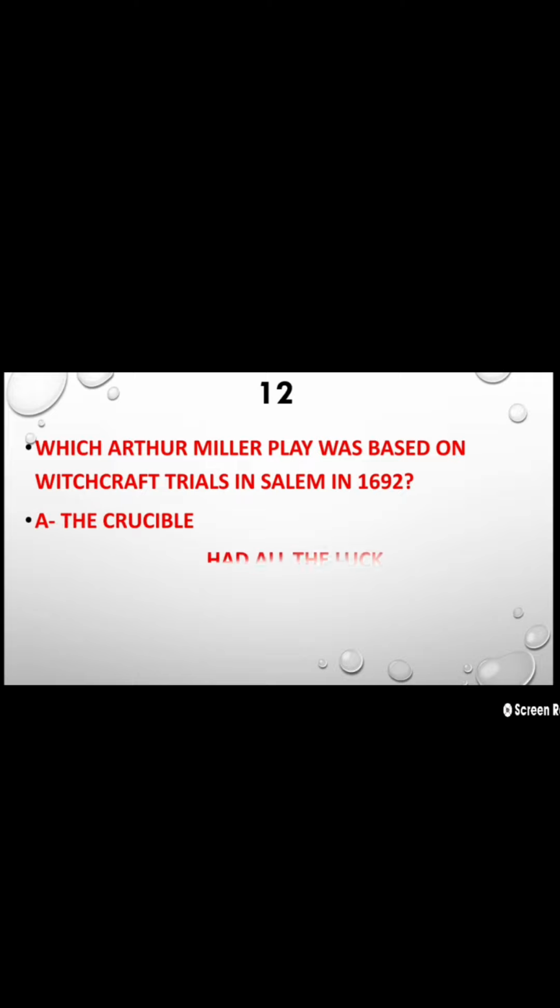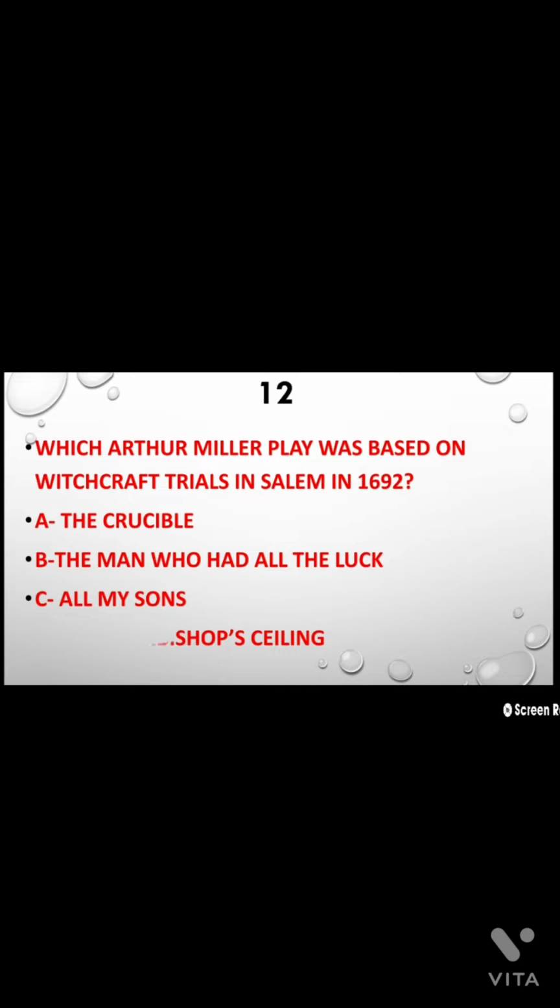Next, which Arthur Miller's play was based on witchcraft trial in Salem in 1692? Options are The Crucible, The Man Who Had All the Luck, All My Sons, and The Archbishop Sealing. The answer is The Crucible.